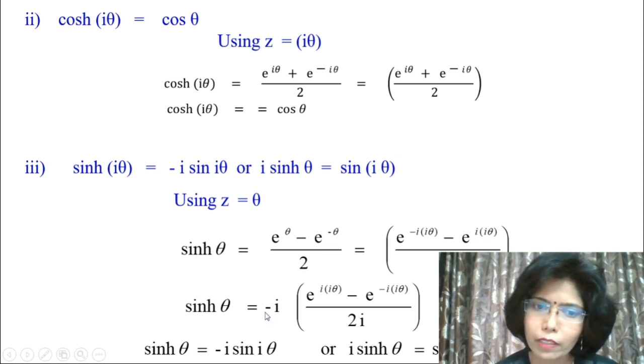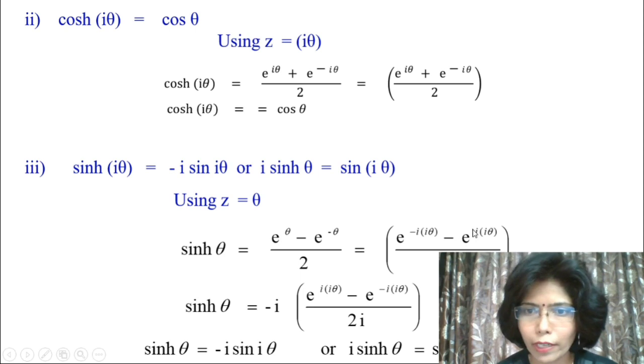But as we have taken minus sign outside, we have to write down minus here. So in this step there is a minus sign, and remaining terms as it is. So sine of theta is equal to minus i times e raised to this expression as it is, which is nothing but, now only the change is that i is in the denominator, the expression for sine of i theta.